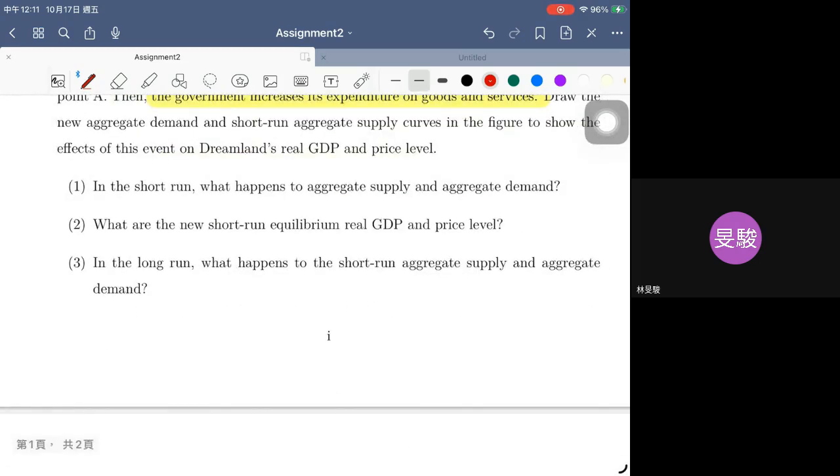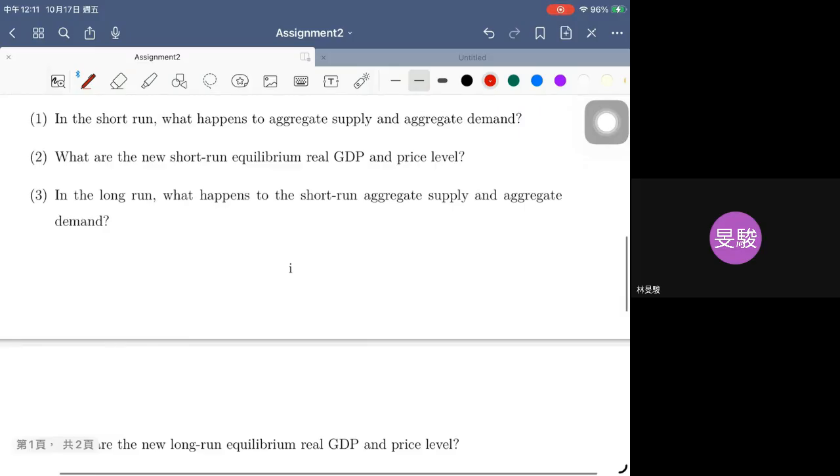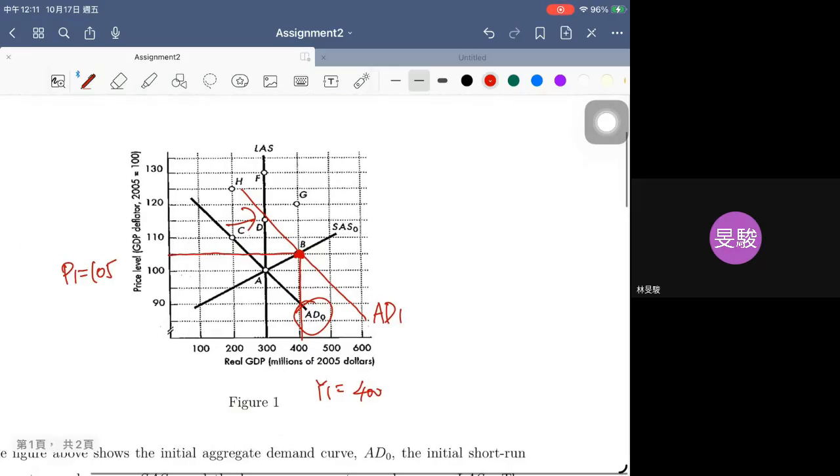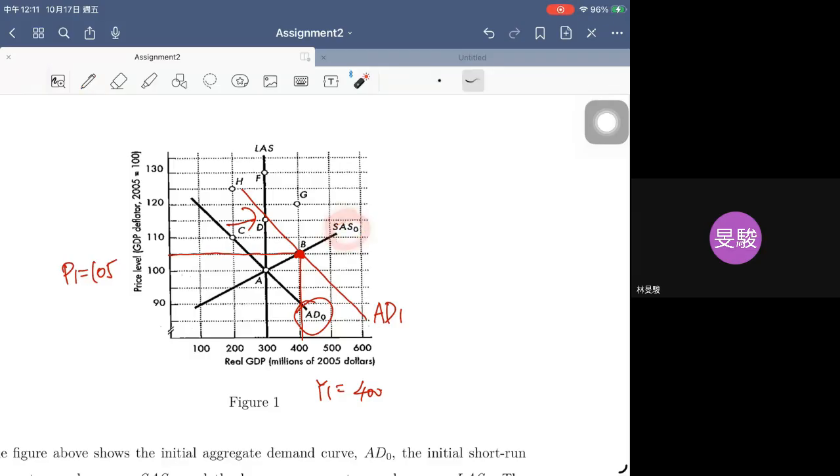Question number 3 asks us, in the long run, what happened to the short run aggregate supply and aggregate demand? In the long run, people revise their expectation about the price level. As the price level rises, nominal wage also increases, causing SAS0 to shift upward to SAS1.